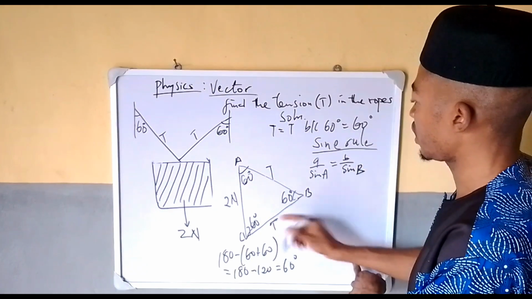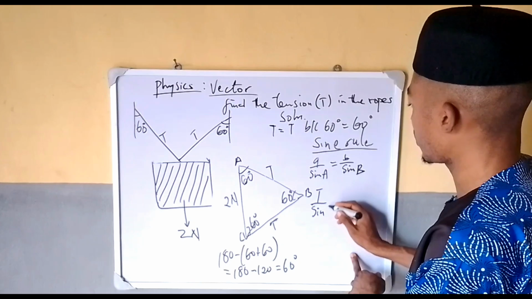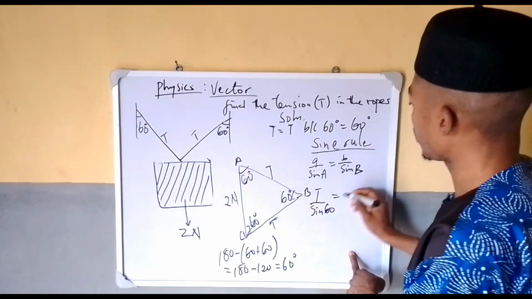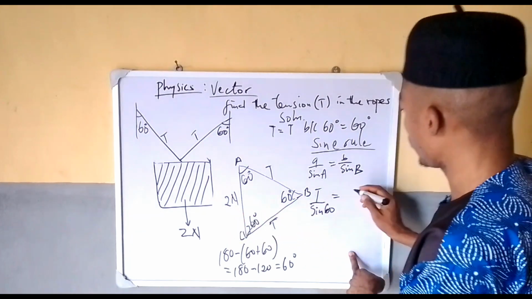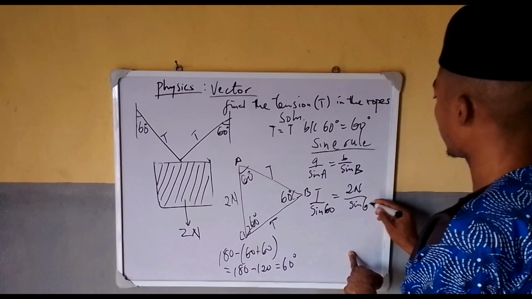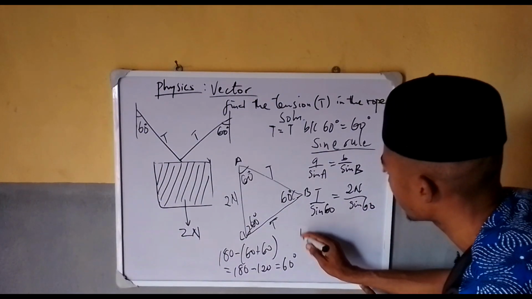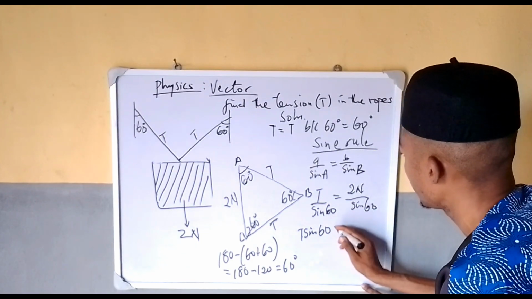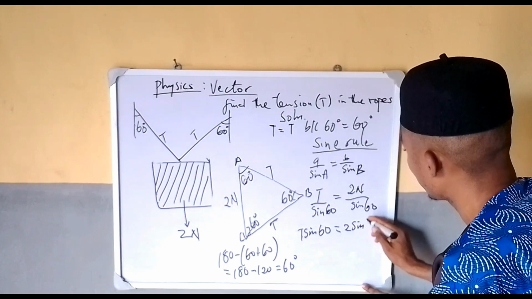This capital A is facing here, so it's T over sine 60 to be equals to b. b is 2 newton over sine 60. So we have to make T the subject. T sine 60, that's this times this, is equal to 2 sine 60.